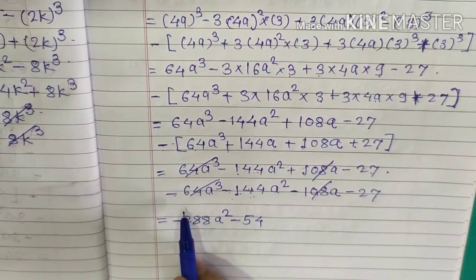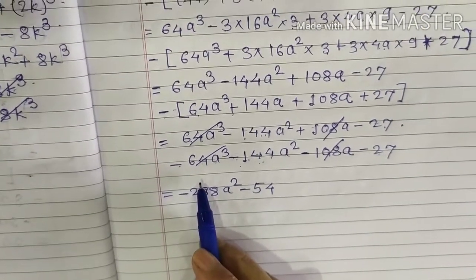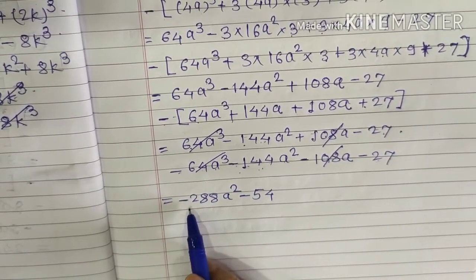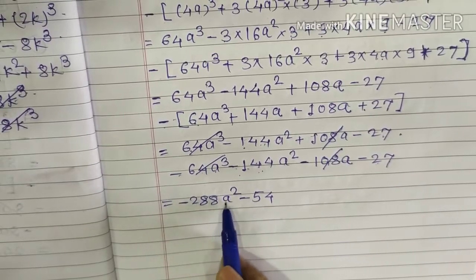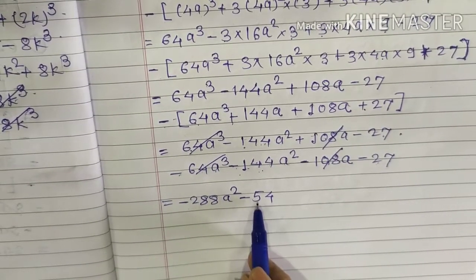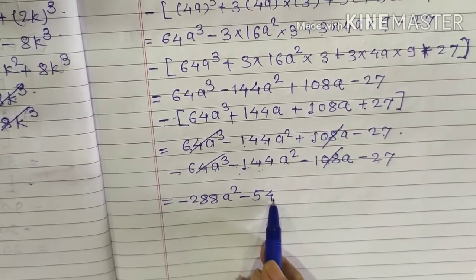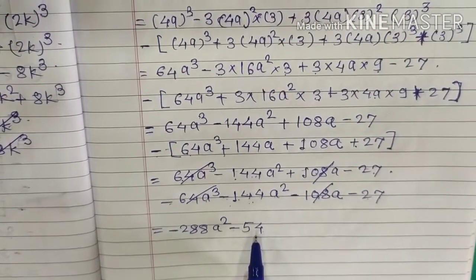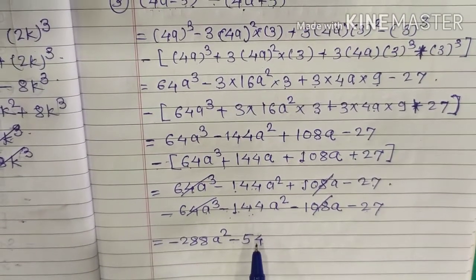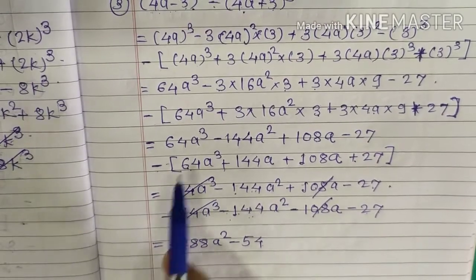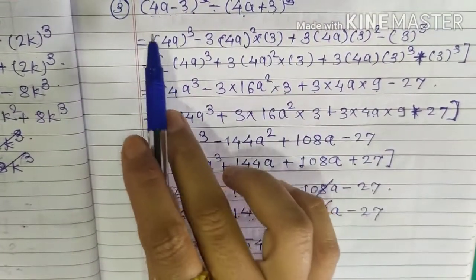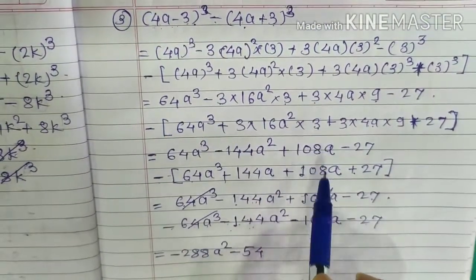So by simplifying this example, we get the answer minus 288a square minus 54, by using the two formulas, that is a plus b cube and a minus b cube.